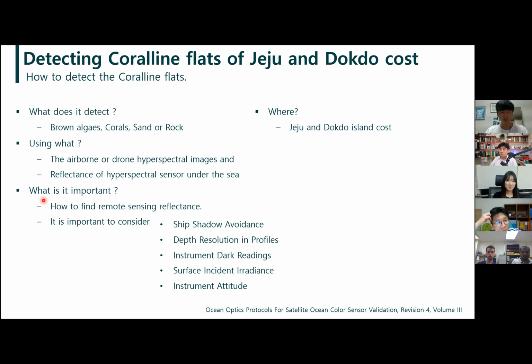How to find the remote sensing reflectance is very important. It is very difficult. So we are considering sea shadow avoidance, depth resolution in profiles, instrument dark readings, surface incident irradiance, and instrument attitude.